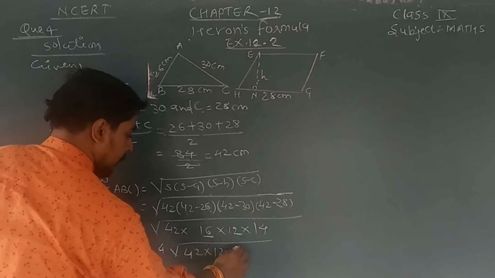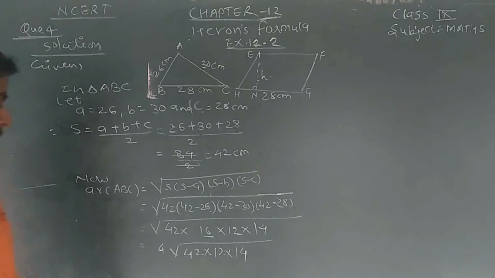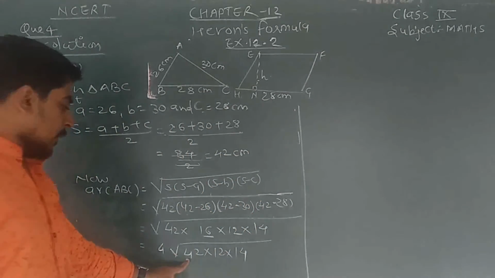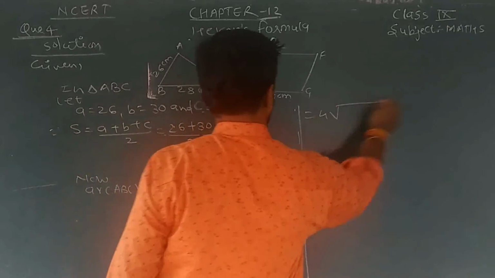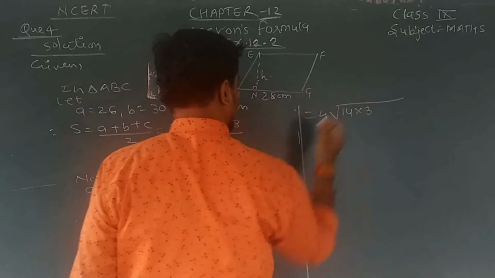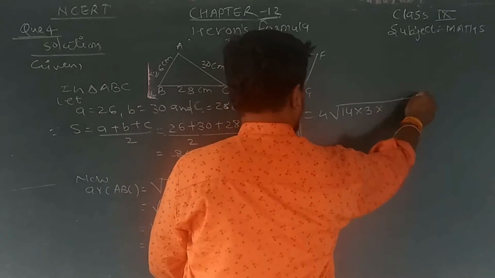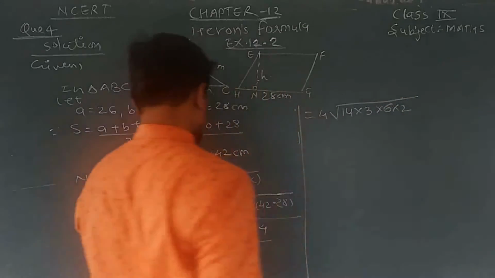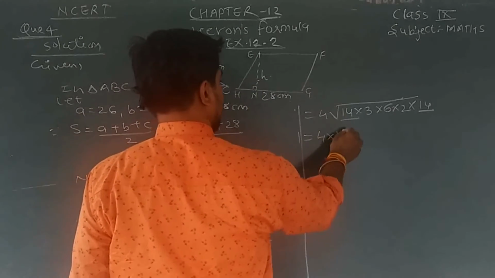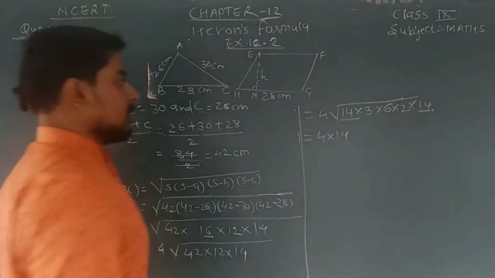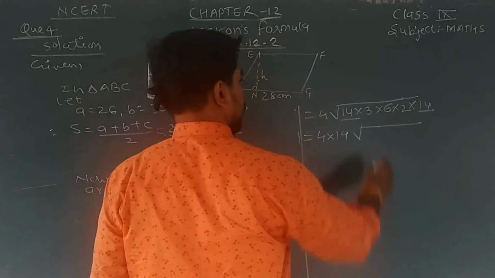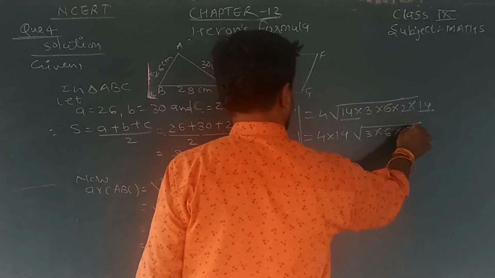Under the root, 42 multiplied by 12 multiplied by 14. Then in the next step we will solve that. This 42 can be written as 14 threes, 12 is 6 twos, and 14 is again 14. The pair of 14 exists in the square root, therefore 14 will come out of the square root. And in the square root there will be 3 multiplied by 6 multiplied by 2.